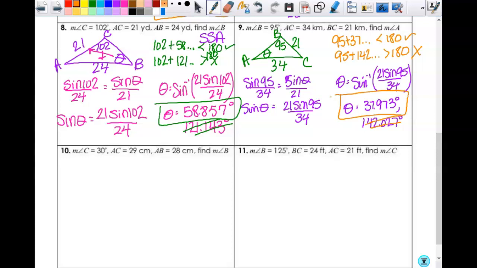And remember, when you're checking them, the actual value doesn't matter. If you can look at it, you should kind of know if it's going to be greater than or less than 180, and you'll be fine. Okay. What questions do we have? Are we all good? Yes? All right, then y'all do number 10.